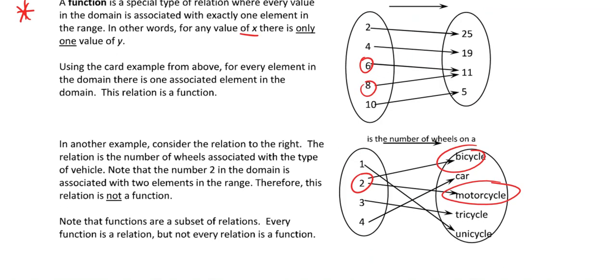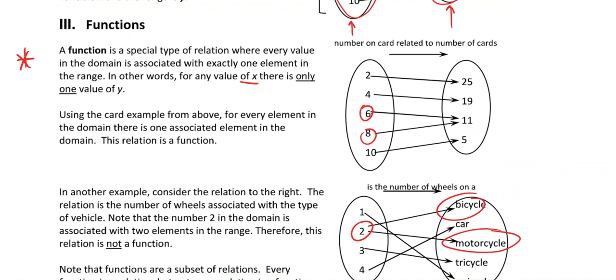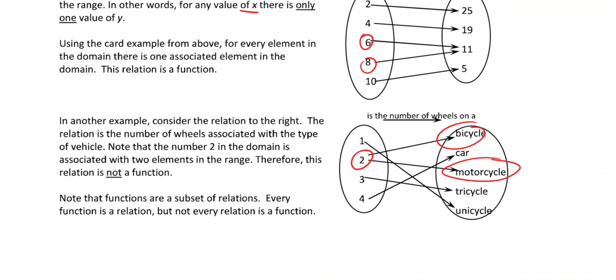You can have 2 y's, but not from one value of x. Okay, so you guys are good with that one? So you just can't have multiple y's for one value of x, when we're thinking in terms of x and y, or you can't have multiple ranges for one domain value.